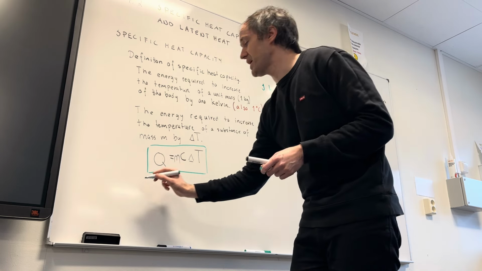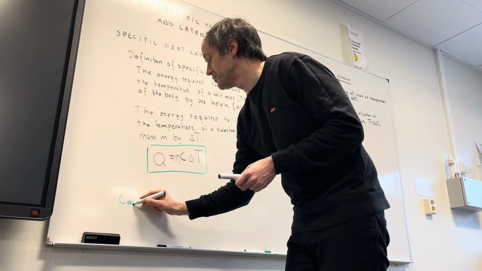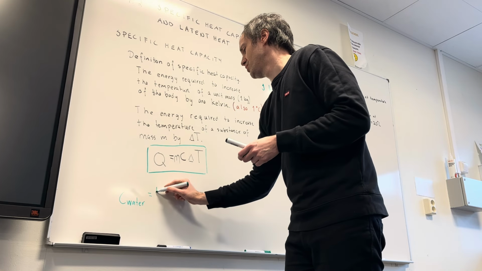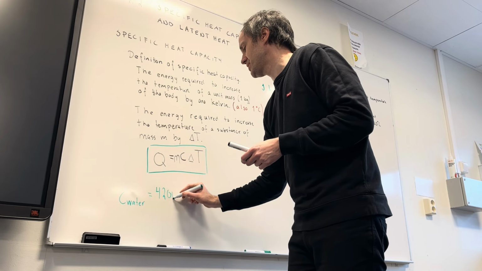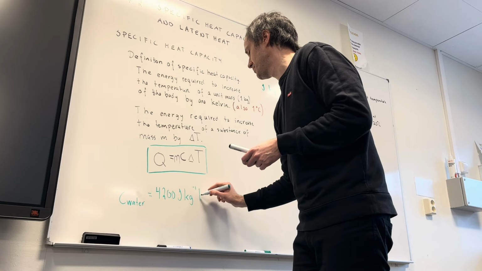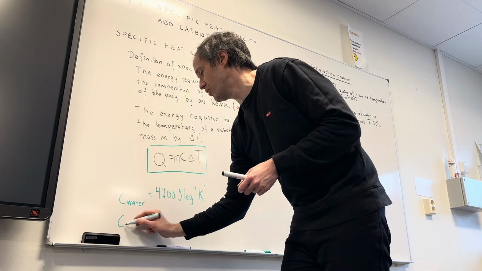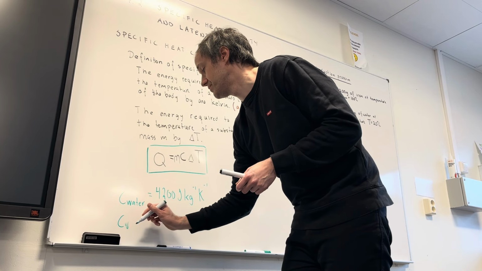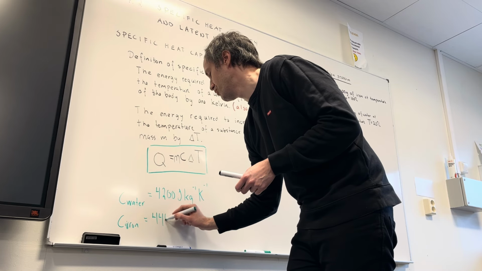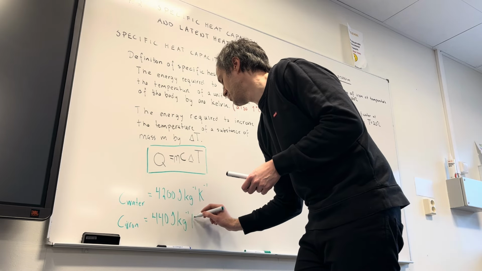And the specific heat capacity of, let's say, water is 4,200 joules per kilogram per Kelvin. And the specific heat capacity for iron is about 440 joules per kilogram per Kelvin.